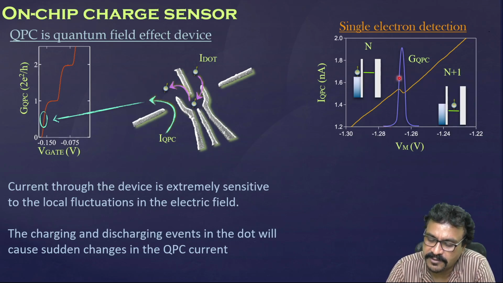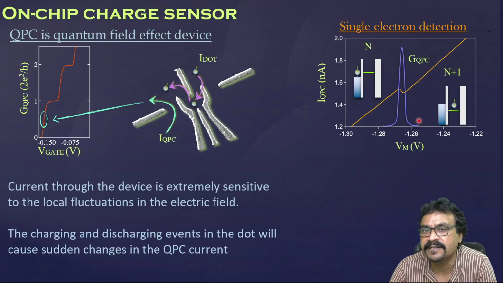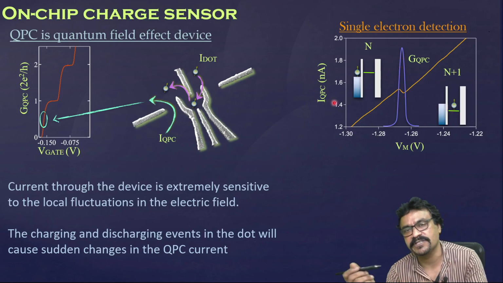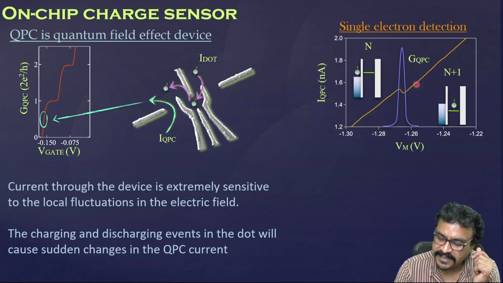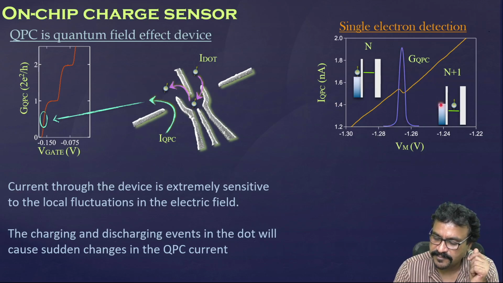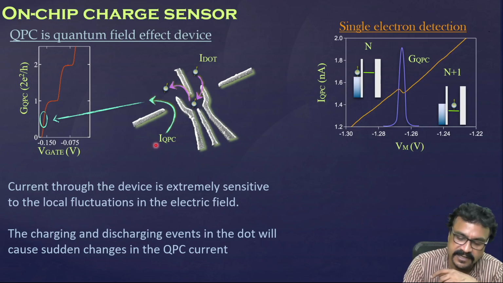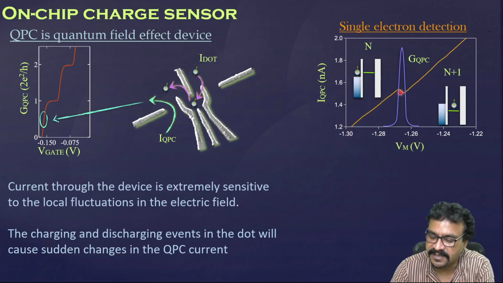So, you know that when you cross a Coulomb blockade peak, one electron goes out or goes in, depending upon which direction you see. This is the real data where one electron goes out when you go from this regime to this regime, and this orange trace here is the conductance of the channel, and you see that the conductance suddenly changes.